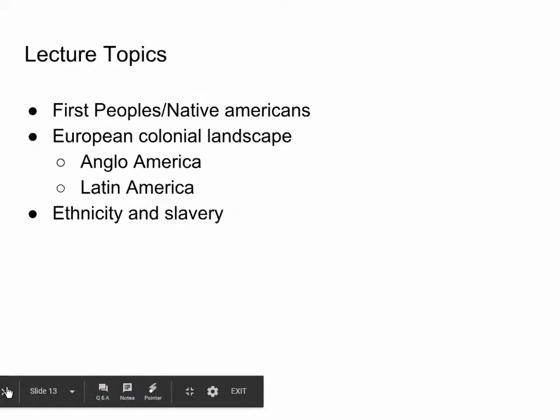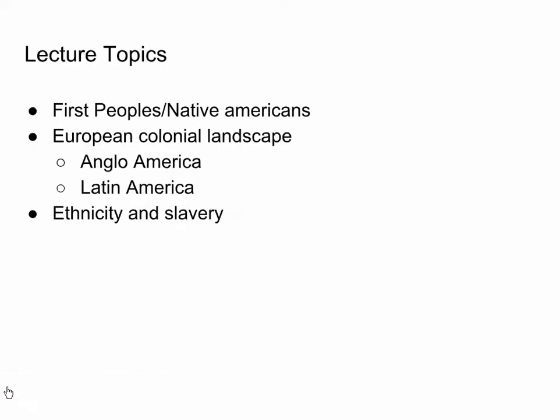What we're going to be seeing is first this idea of First Peoples and Native Americans, and we really need to understand that the terminology here is important. Across the Americas, different terms and concepts are applied to peoples that were or are indigenous to the region. In the Canadian provinces, quite typically people use the term First Peoples.